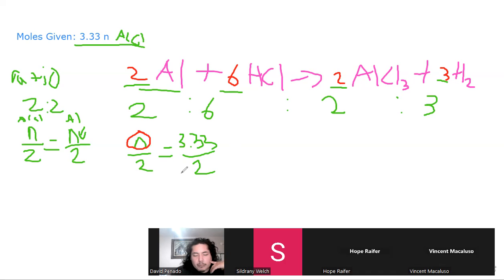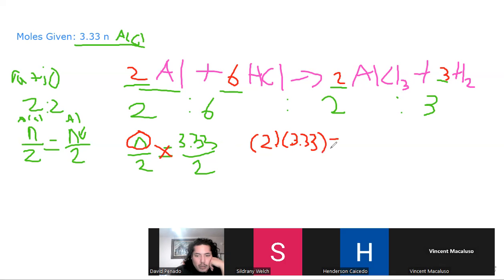How do we get n by itself? When you have two fractions with an equal sign between them, what do you do? Cross multiply. So that'll be 2 times 3.33. That equals what? 6.66. The devil's number.